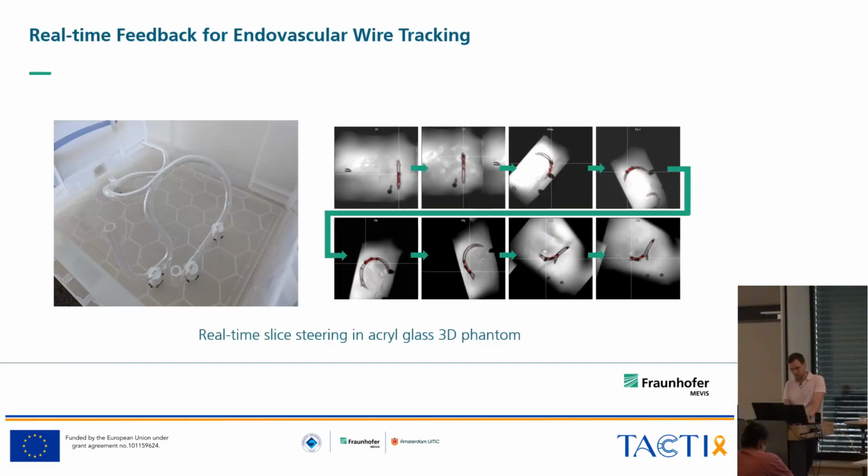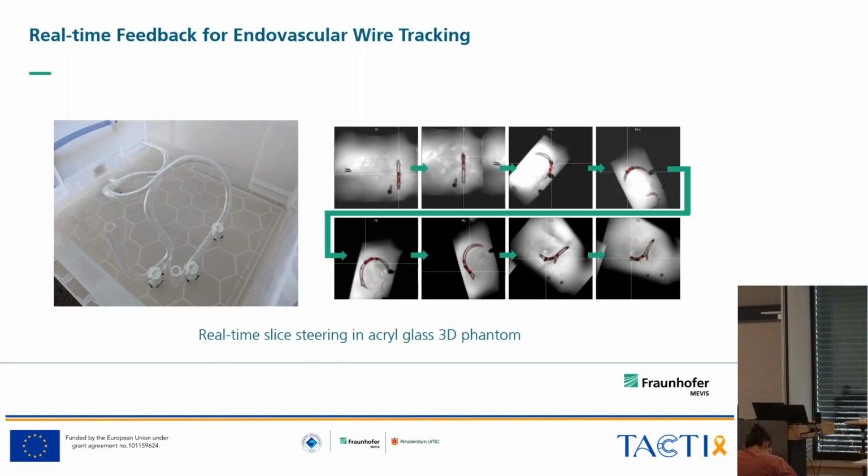For that, we had some phantom experiments, also animal experiments, but here it's like an acrylic glass 3D phantom. So we would insert an interventional guide wire that's equipped with so-called passive MR markers. I don't have a picture here, but you can maybe see it here.